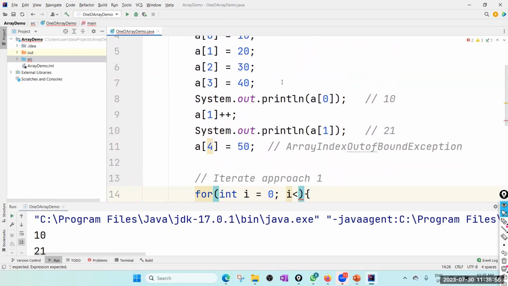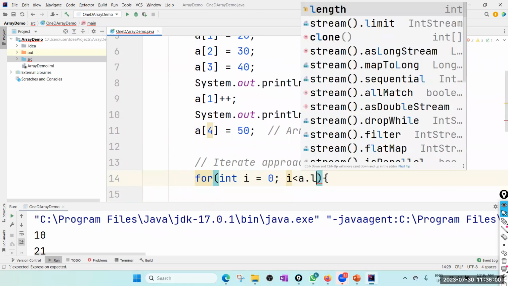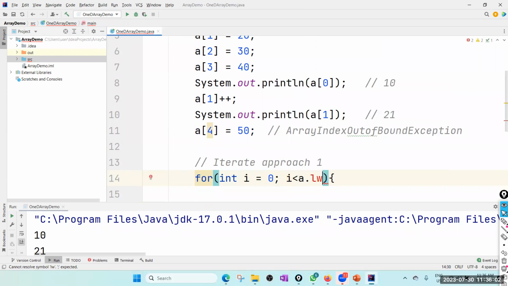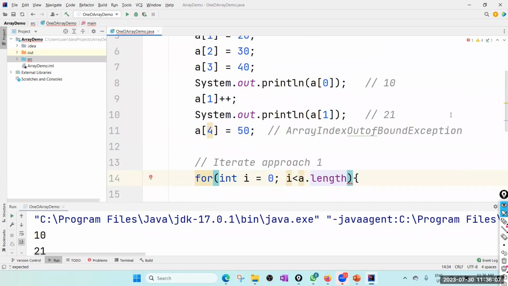Therefore I don't hard code. Because arrays are objects, an array has a handy attribute called length. As long as i is less than length, and of course you have to increment it, right?